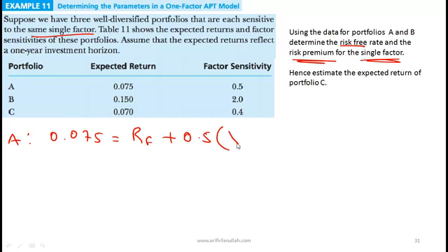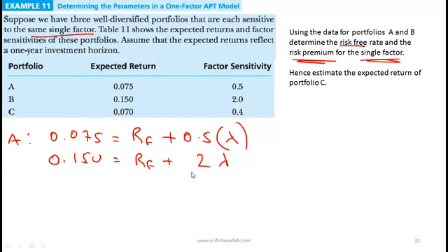Let's just use APT terminology and call that lambda. Okay, and then what's the second formula? 0.150 is RF plus 2 times lambda. So you learned this in class 9. Two equations, two unknowns, you can solve.